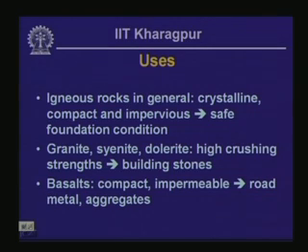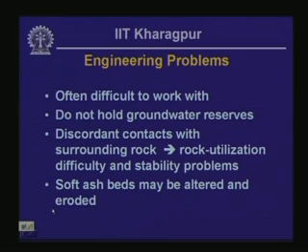Examples are granite, syenite and dolerite. Then many basalts and other types of igneous rocks are compact and impermeable, so they are used as road bed metal and other aggregate resources. So these are some chief uses of igneous rocks, and igneous rocks also contain veins of precious and semi precious metals. So they are the primary engineering uses of igneous rocks.